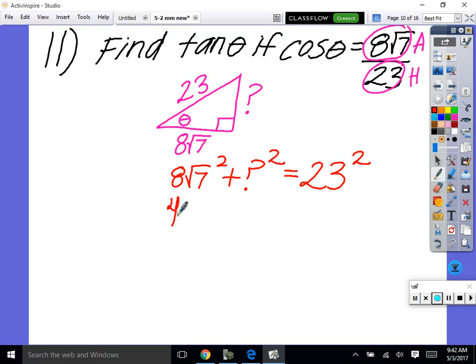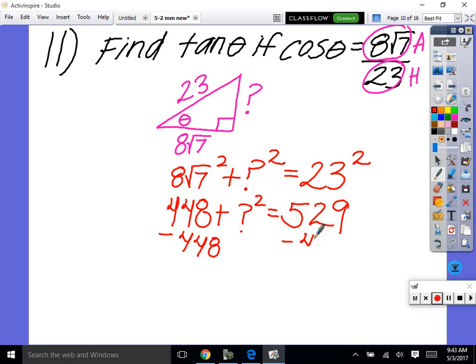So 448 plus question mark squared equals, what's 23 squared? Thank you. So now next step to get question mark alone. Good. So I have question mark squared equals 81.